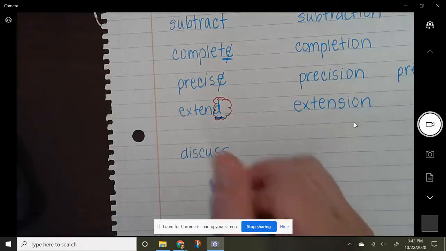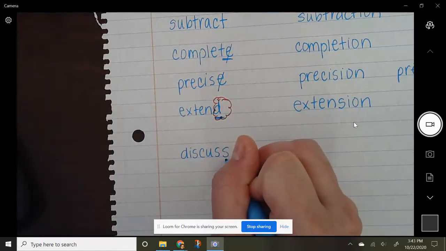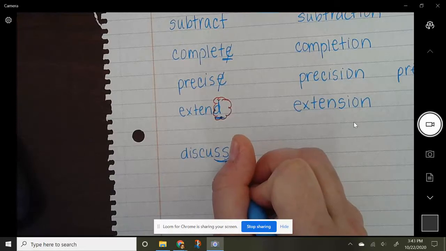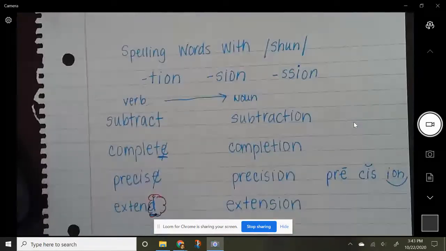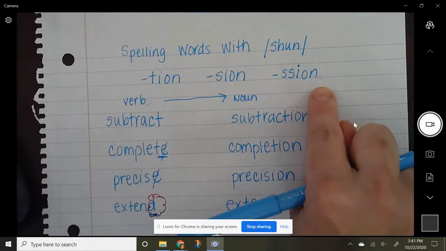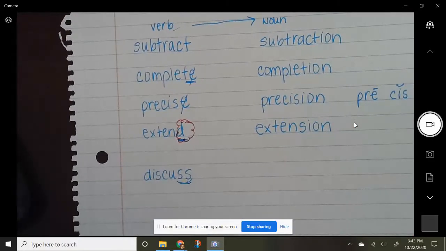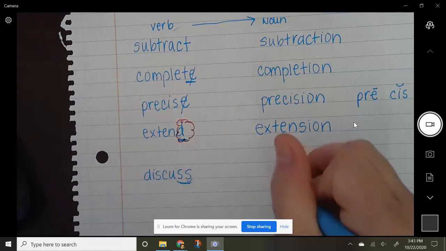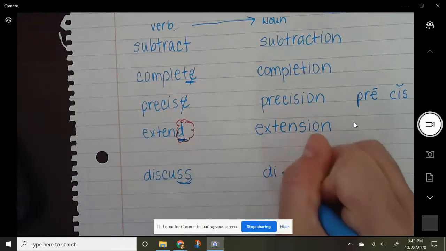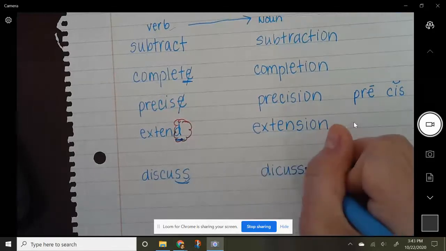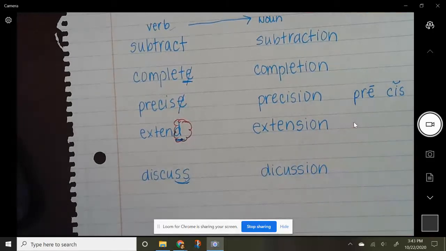The last letter is an S, but there's two of them right here, so it's making me think all I need to do is add ion. I can go back and check my rules. However, this video is now probably getting a little long and boring, and I will just tell you it is correct. If you have an SS, you just add ion, and your new word is discussion.